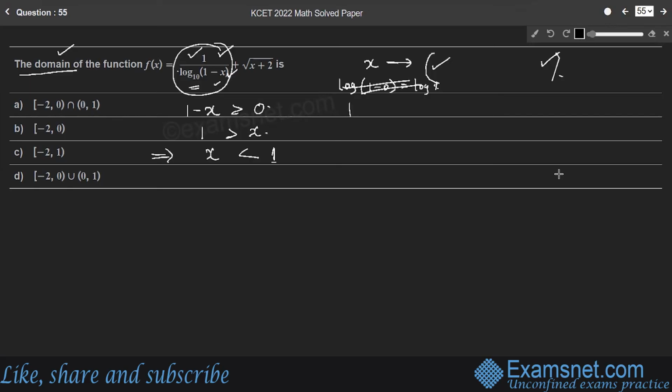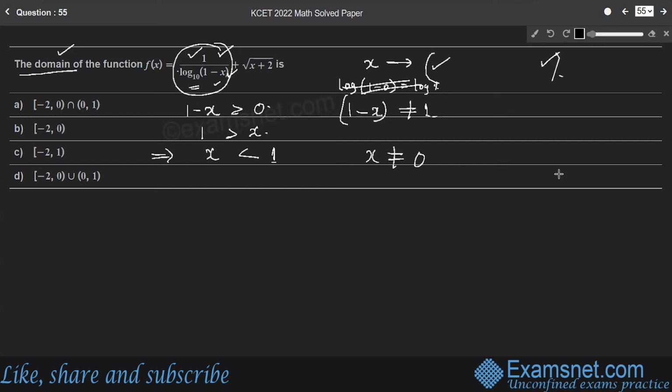For that, the whole term 1 minus x should not be equal to 1. If 1 minus x is equal to 1, it becomes log 1, which is 0. Therefore, 1 minus x should not be equal to 1. That means x should not be equal to 0.